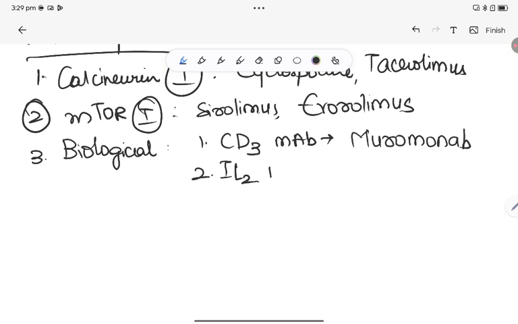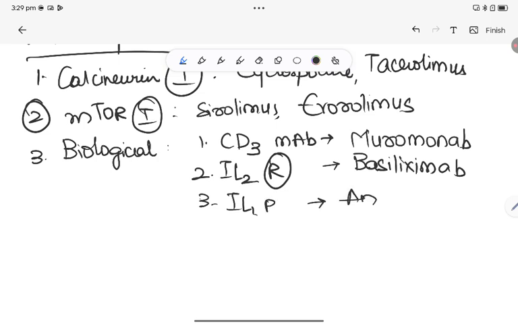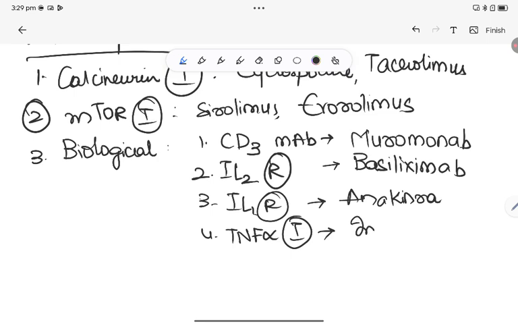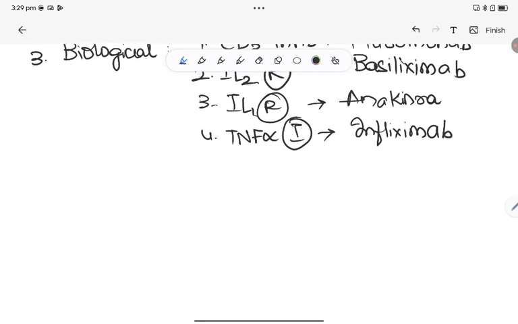Interleukin 2 receptor monoclonal antibodies against interleukin 2 receptors include basiliximab, daclizumab. At least remember one, that's for sure. And other immunomodulators like interleukin 1 receptor antagonist, anakinra, and most important inflammatory mediator, that is TNF alpha inhibitors. At least remember one drug, that is infliximab. These are the biological agents.